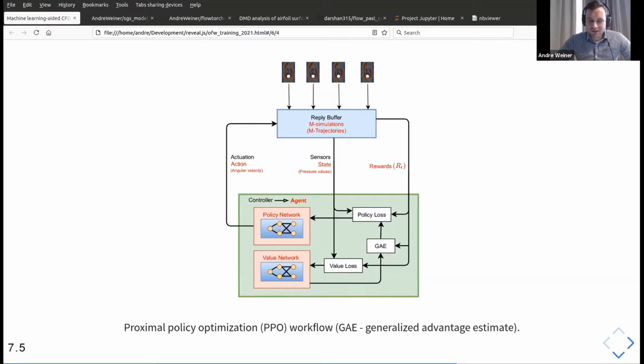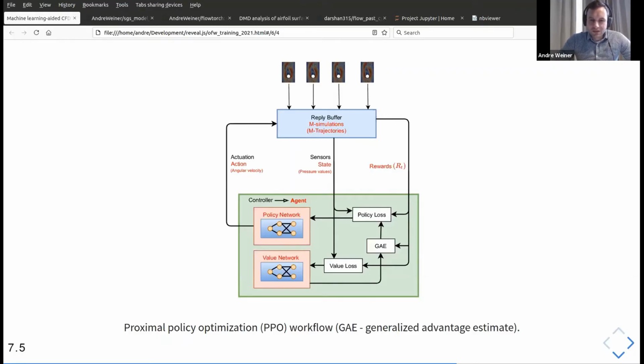Now, one particular attribute of PPO is this very nice feature that it allows us to use multiple environments, multiple simulations in parallel. And this enormously accelerates the entire learning process.